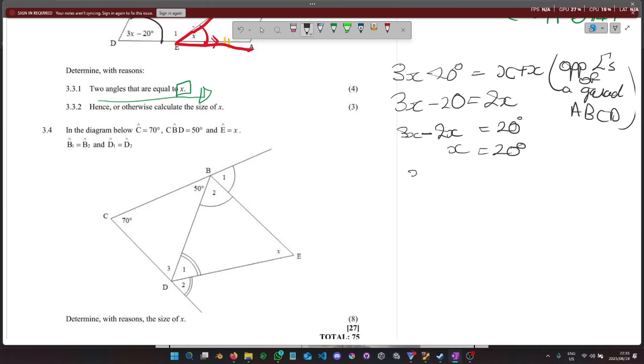Let's try this out. So it's 3 times 20 minus 20, which is 60 minus 20, which is 40, right? And then x plus x is equal to 20 plus 20, which is equal to 40. Therefore, this reason holds true. Therefore, we know that this x value is correct.